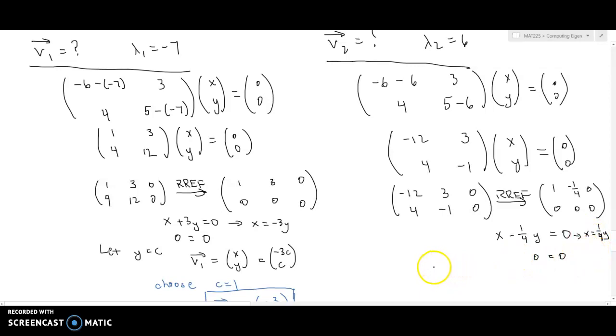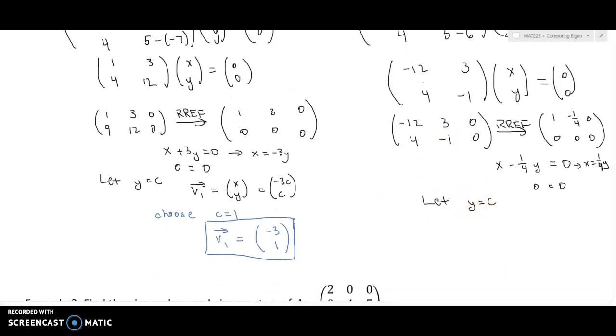Y is again a free variable, so let y equal c. And now I'm not going to choose c equals 1, because my vector v2, which is x, y, is going to equal, if y is c, then x has to be negative 1/4 of that value. And the reason I'm not going to choose 1 is because then I end up with a vector that contains a fraction, and I'd rather pick a vector that is easy to work with.